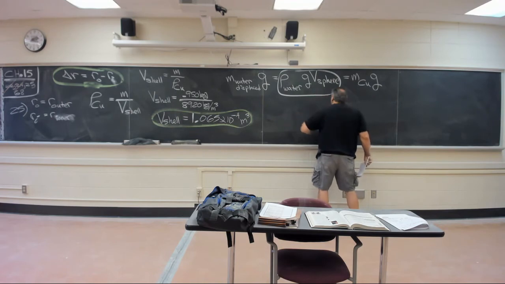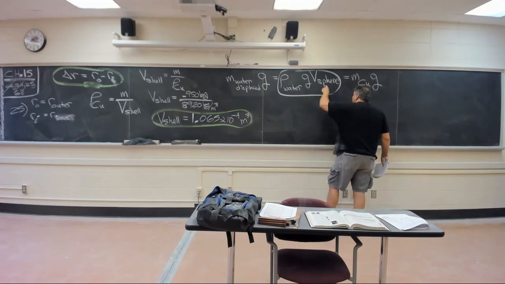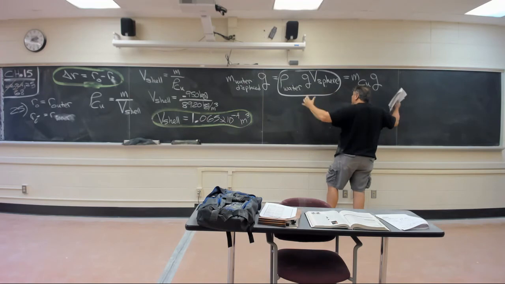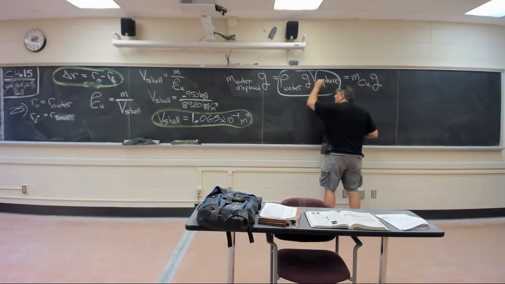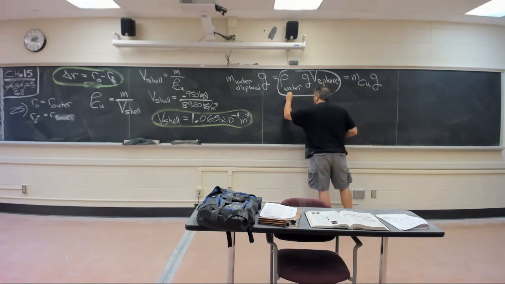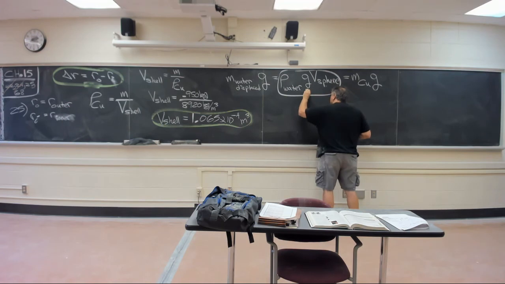Forgive me, no, I'm not going to say that. The volume of the sphere, the outside sphere. The volume of the big sphere times the rho of water will tell you the mass of water that has been displaced, times G, that's the buoyant force.